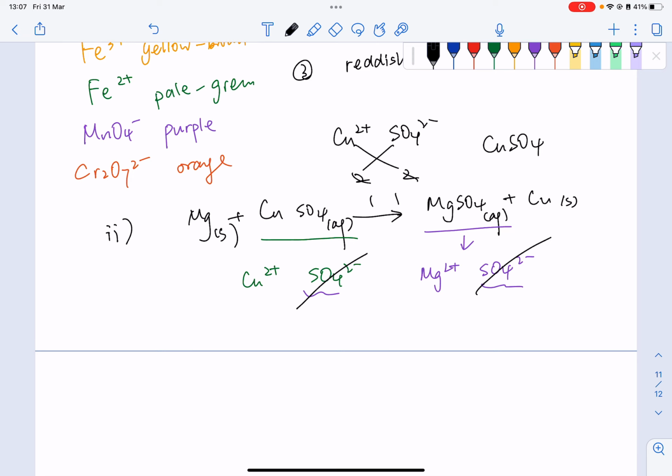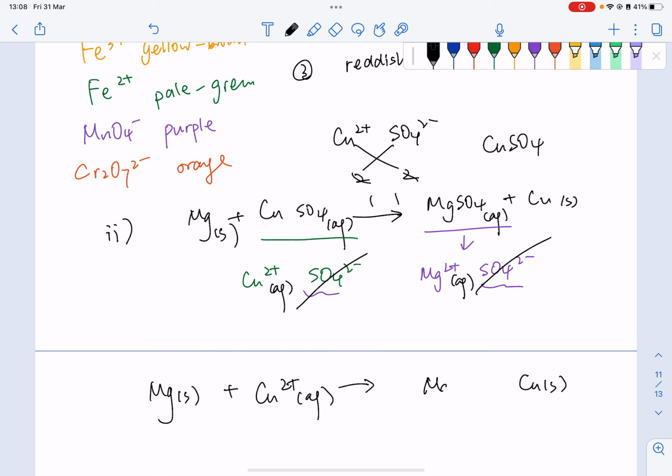For the solid, we just copy it down. And then let's add the aqueous state of the metals left here. So it'll be Cu2+ (aq) and it goes to Mg2+ (aq). Oh sorry, this one should be Mg plus Cu (s). So this will be the ionic equation for the reaction that occurs.